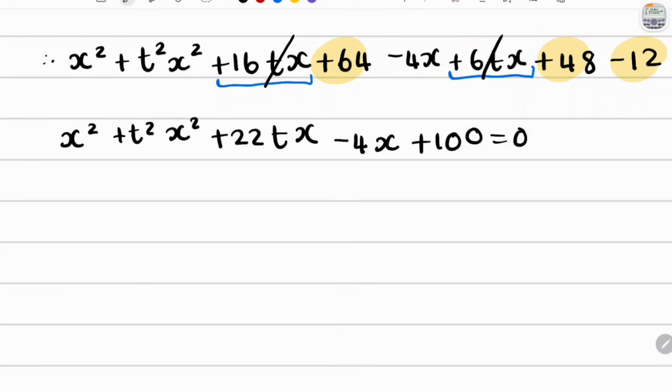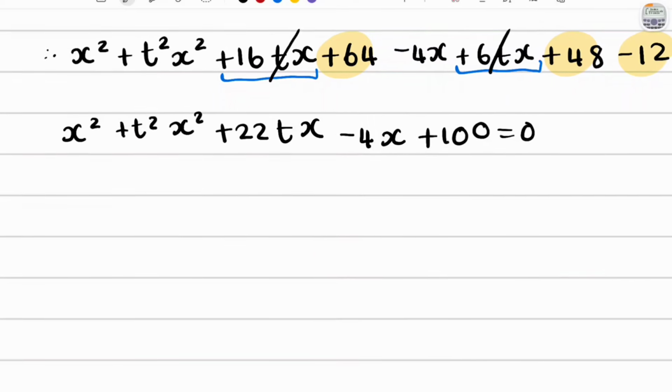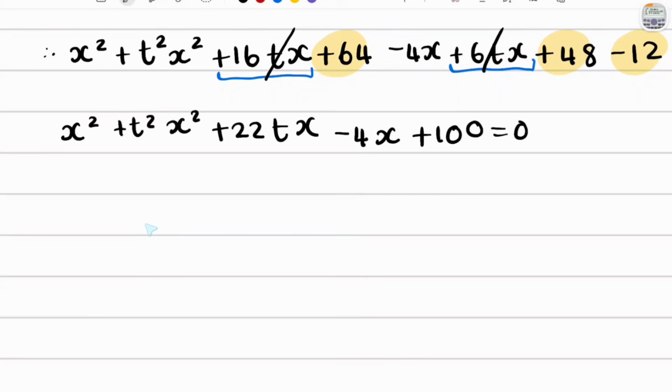We have this, and it is a quadratic equation, but it's not in its standard form yet. Remember that the quadratic equation standard form looks like this: ax squared plus bx plus c, meaning you need to have something which has x squared, something which has x, and then a constant.